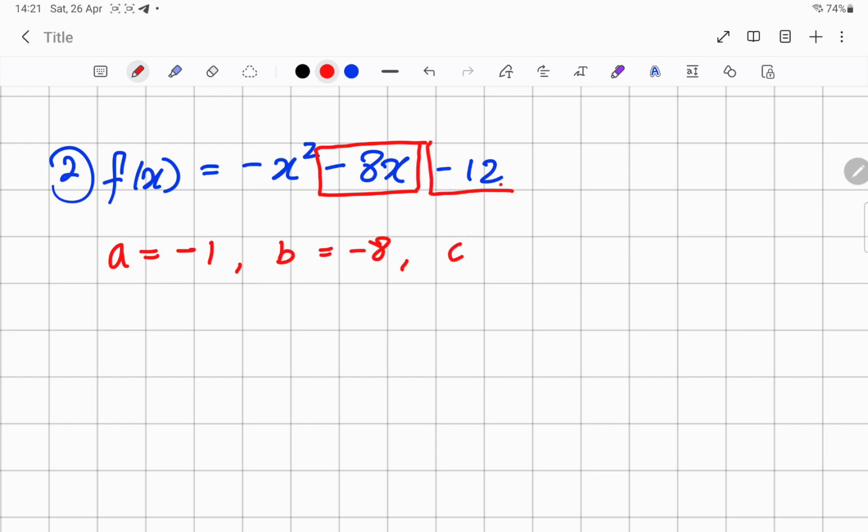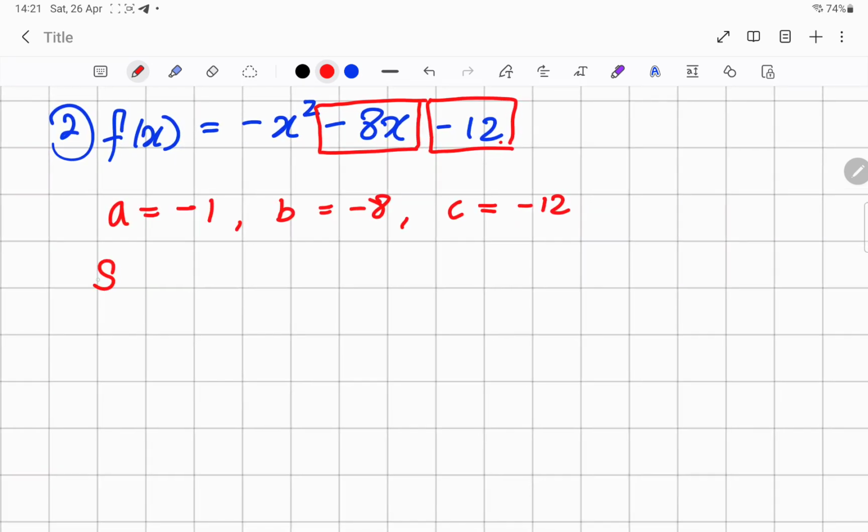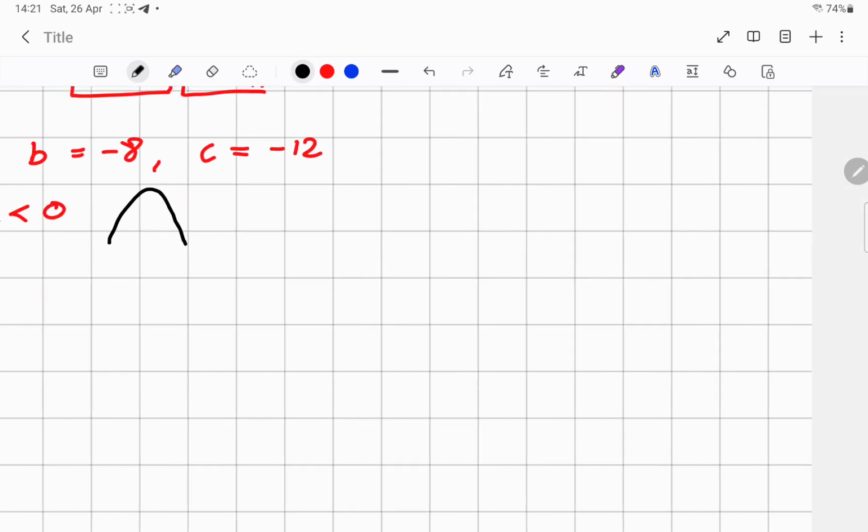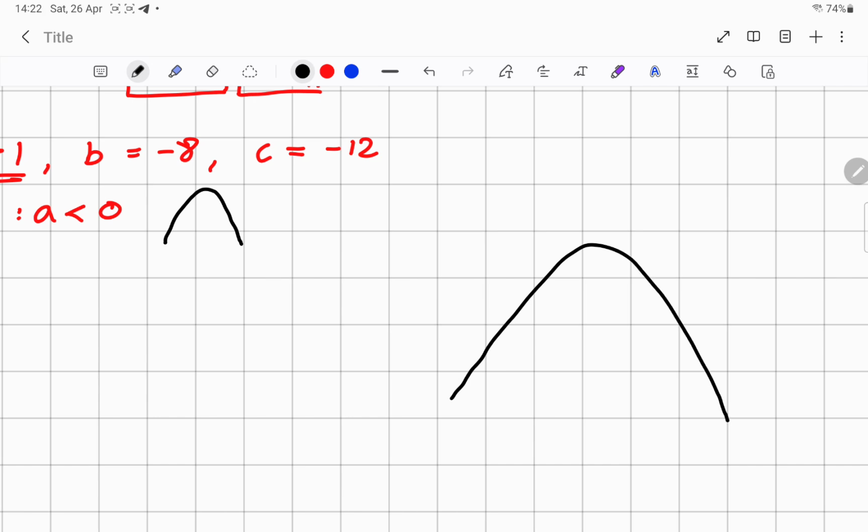C, what is the value here? -12. So draw a graph. First, the shape. A is smaller than 0, a negative number, so this will be a sad face graph. So draw a sad face, and draw it wider.